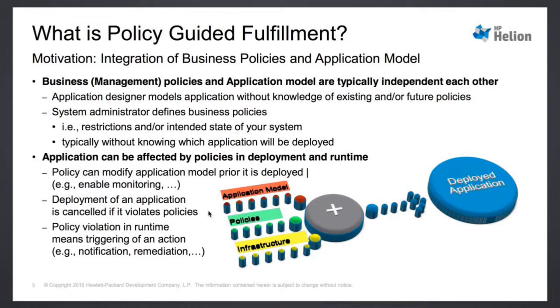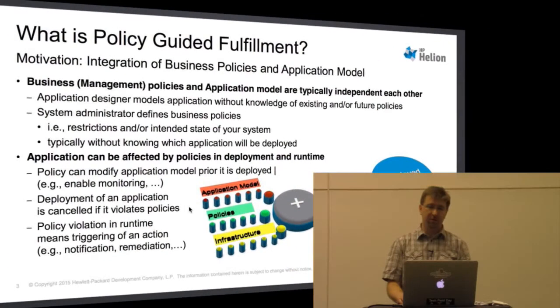As you can see in the image, at a given point in time, all these pieces together, the application model, policy, and infrastructure, have to be put together to fulfill the use case, for example application deployment, remediation, or modification of your application.